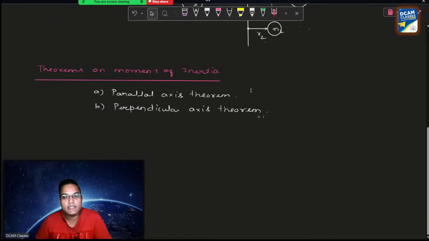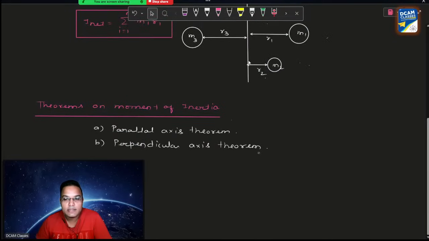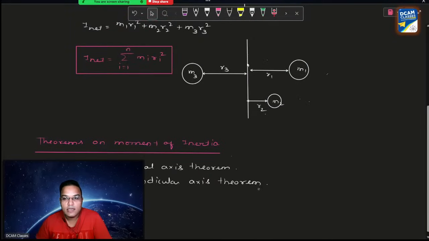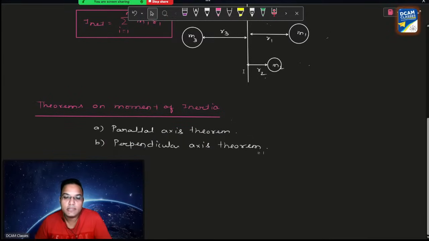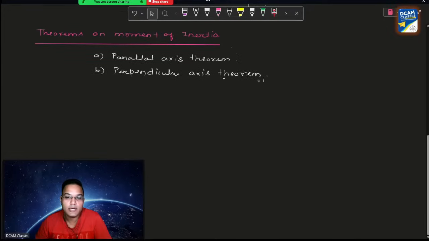They may be changing the axis. If they are changing the axis, how do you calculate the moment of inertia? You will be using these two theorems. These two theorems are more than sufficient to calculate every type of moment of inertia, except for uniform bodies. I'll tell you afterwards.